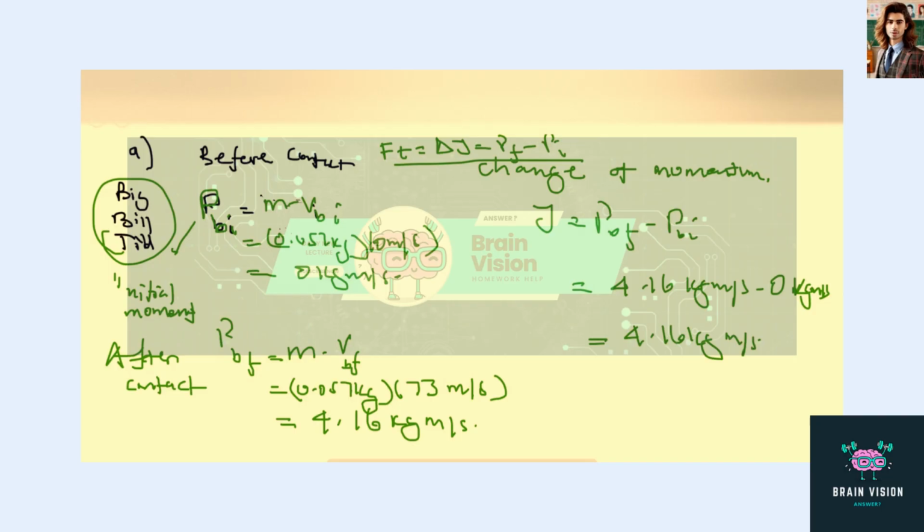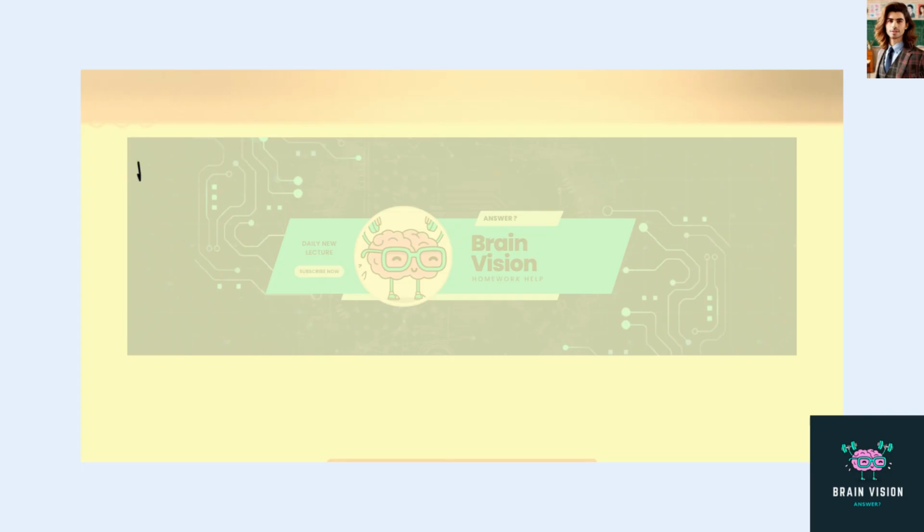And so I'm just going to do this in the next page. If the impulse, which is force times the change in time, so this is the force and this is the change in time, is equivalent to the change in momentum, then you could see that the force obviously has to be the change in momentum over the change in time.